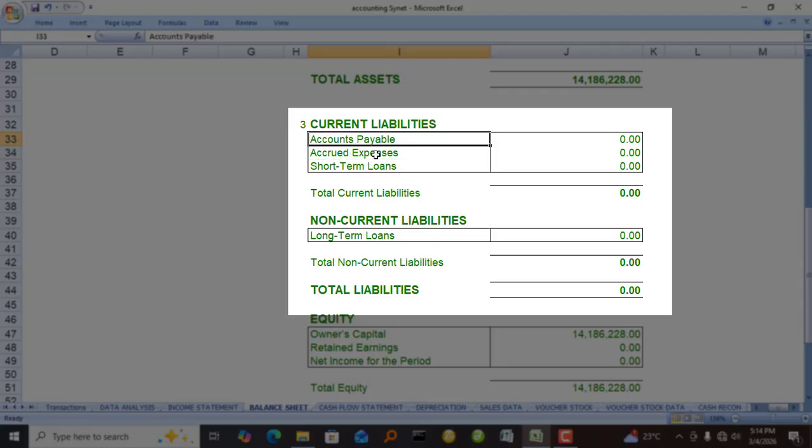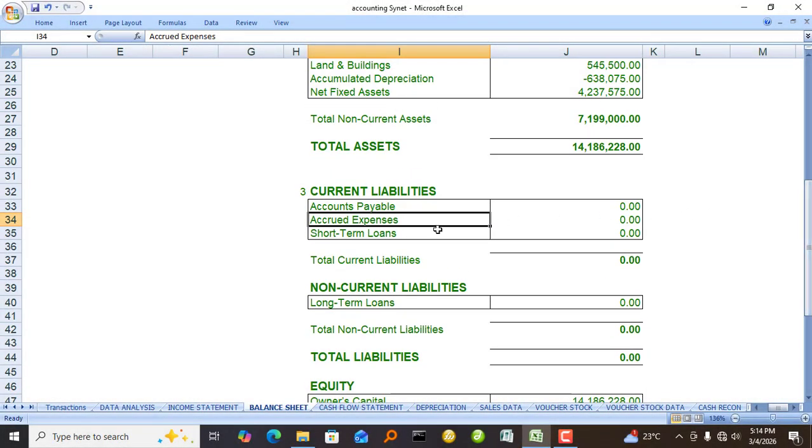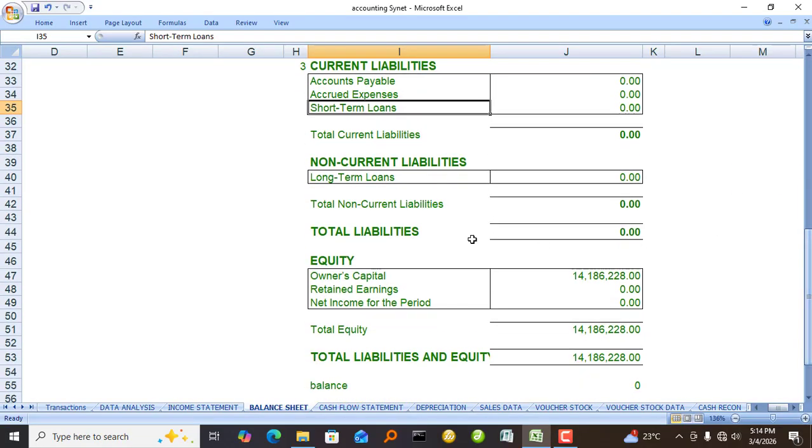Accounts payable, if you're supposed to pay one of your suppliers, maybe you bought a MikroTik and you didn't pay within this time, you would have put it here. Then the expenses which you have incurred but you have not paid, you put here. If you have borrowed, you put your loans here. I don't have any of that. Everything was bought cash. Long-term loans, you put them here. Total liabilities, I have no liabilities.